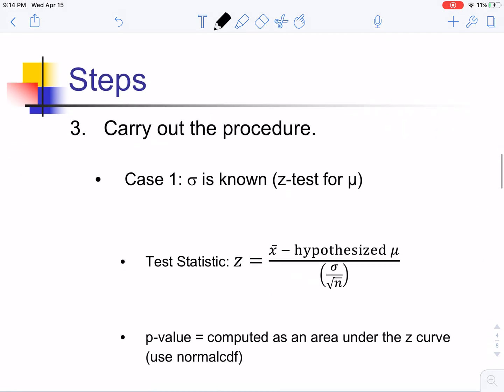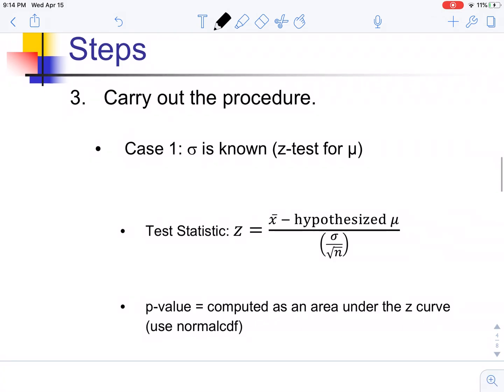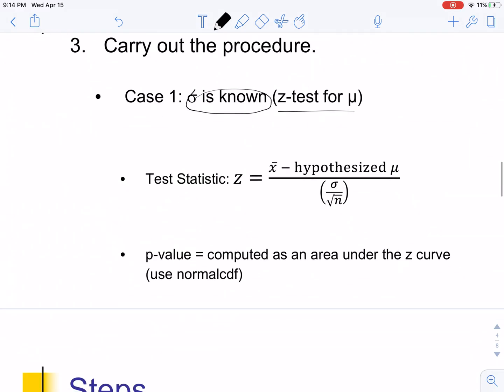All right, then moving on to step 3 is where you actually carry out the hypothesis or the significance test. I'll start with what's called the z-test for mu. The z-test for mu is when sigma is known. So if you know that population standard deviation, this is when you're going to use the z statistic and perform the z-test. So once you've identified that you are doing the z-test, you're going to calculate the z-score.